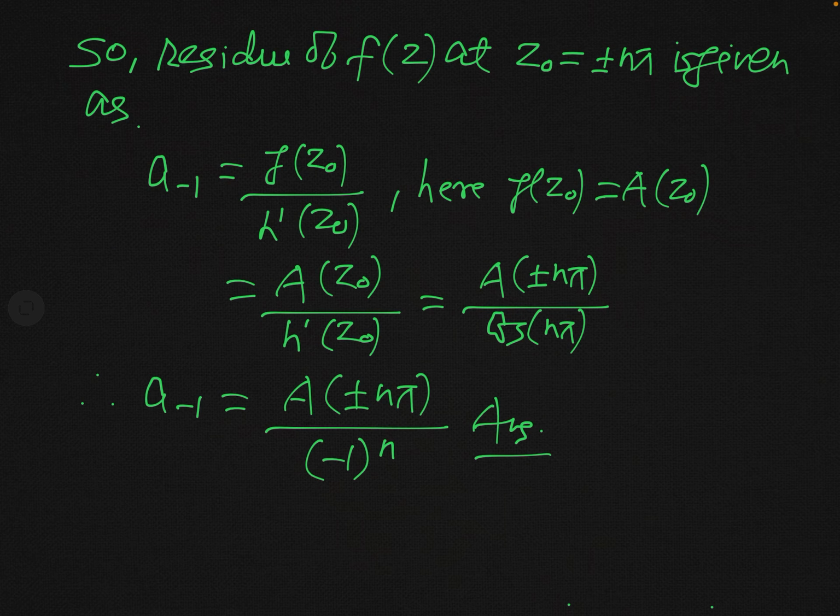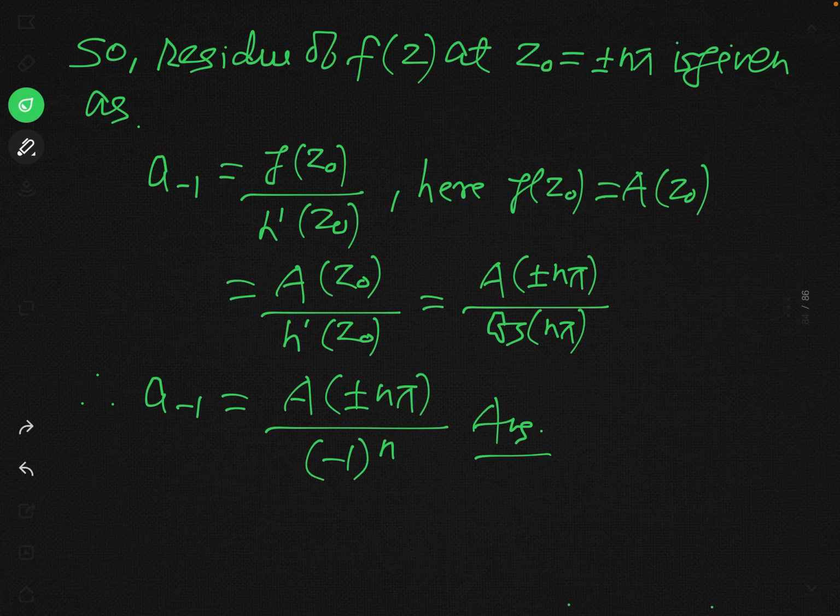But this z naught is plus minus n pi, so we will write it as a of plus minus n pi over, and you have seen that h prime is simply the cosine function, so this will be cos of n pi, and cos of n pi is equal to minus 1 to the power n.